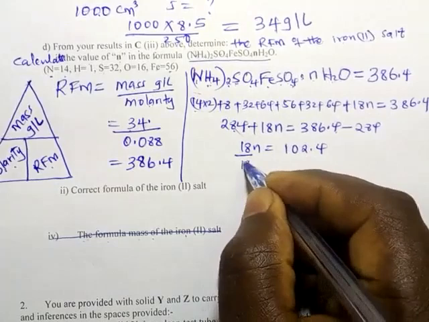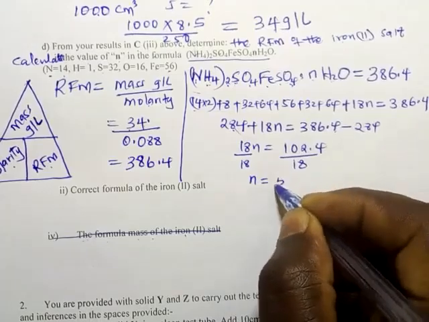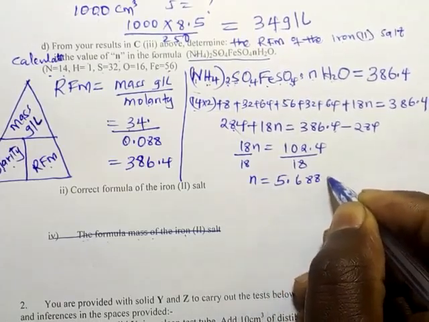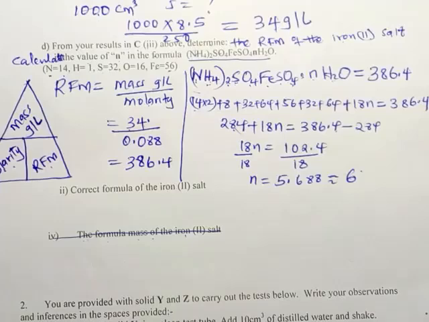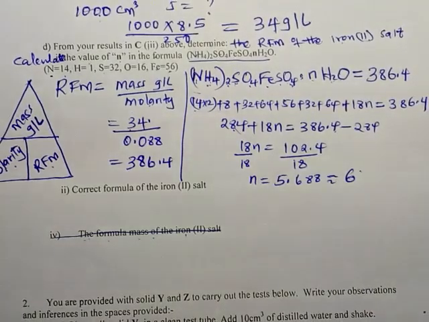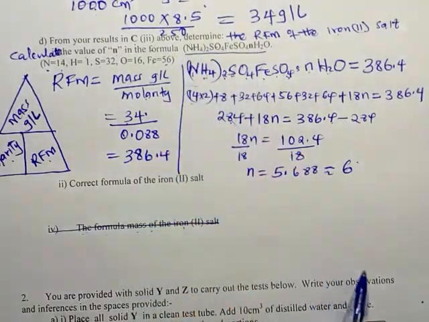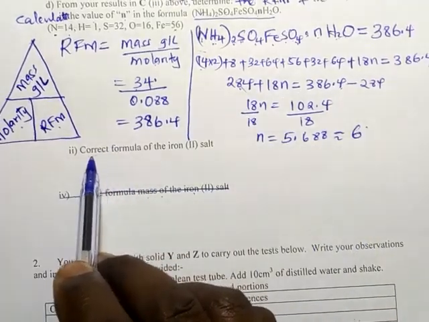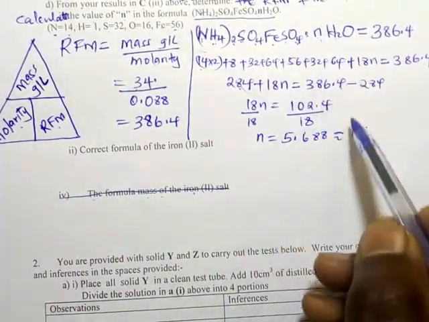You divide it by 18, you find that N is equal to 5.688, which is equivalent to 6. So that is the value of N in this salt. Determine the correct formula for the ion. So in the formula, we are going to replace N with a 6.